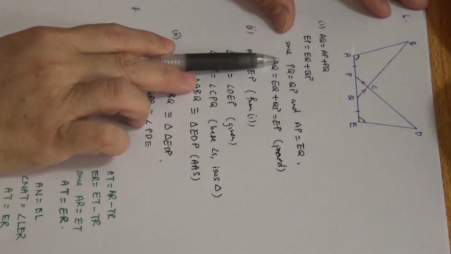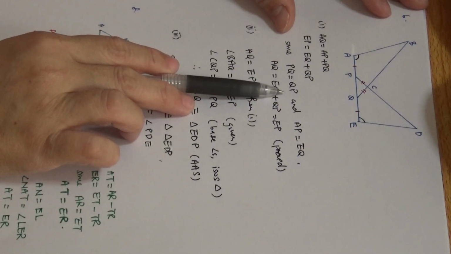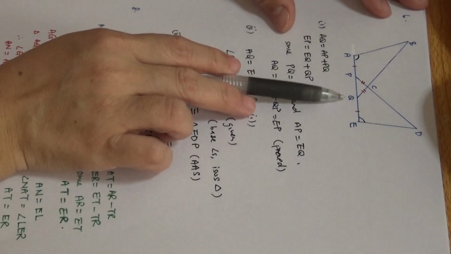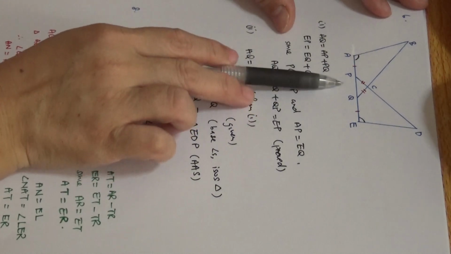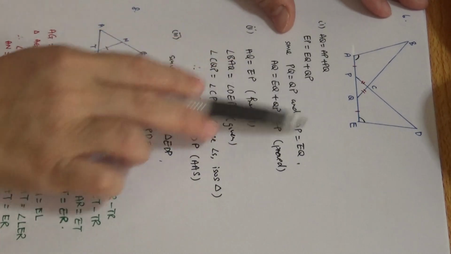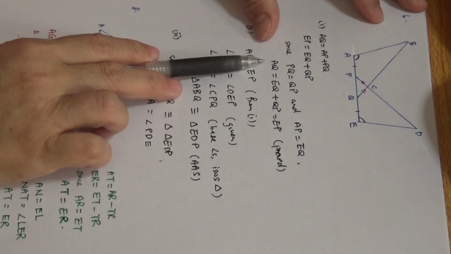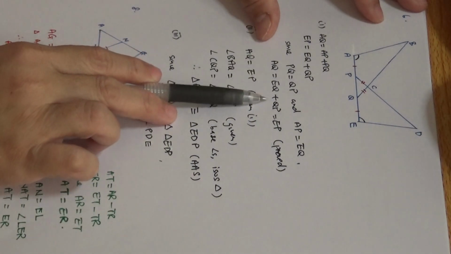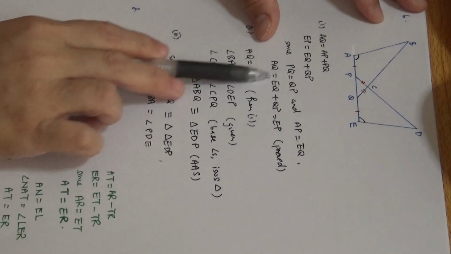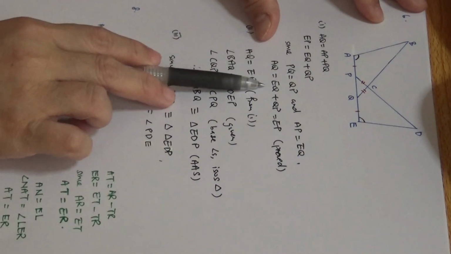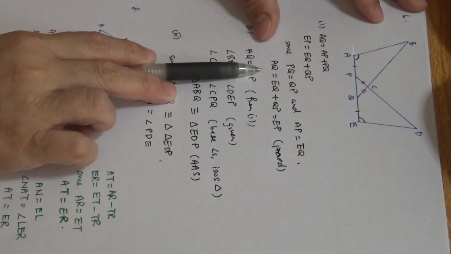The question says PQ is equal to QP, of course, because it's the same length, and AP equals EQ, given by the question. So AQ is also equal to EQ plus QP. Since they are the same, EP will be equal to AQ.